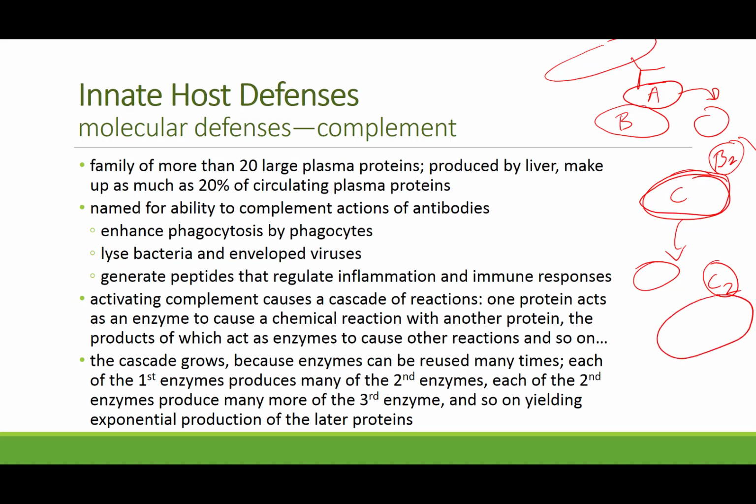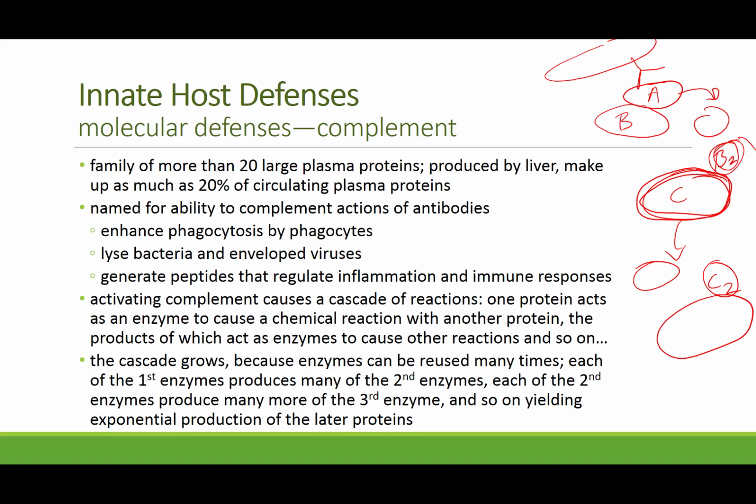So the thing that makes these cascades so amazing is that this enzyme, say B2 here, can activate this C protein, and as soon as it does that, then it can activate a second C protein and a third and a fourth and so on.